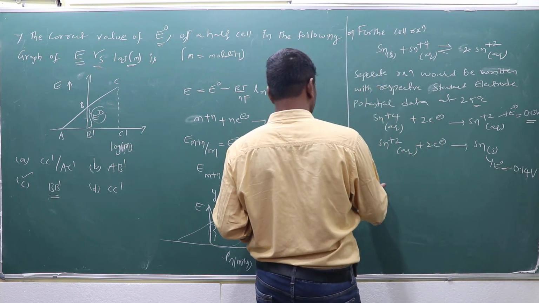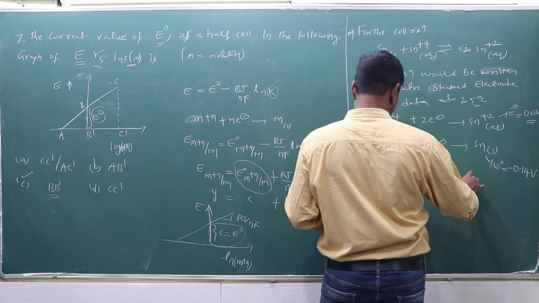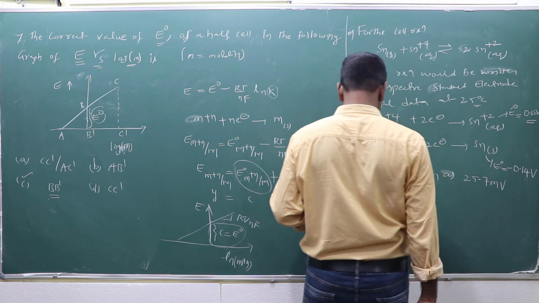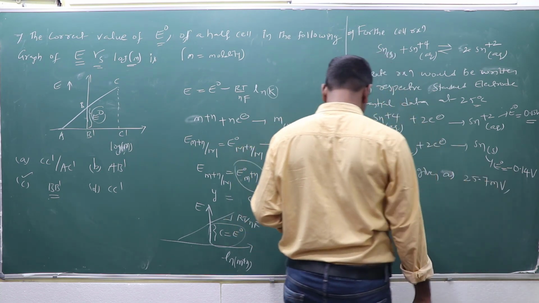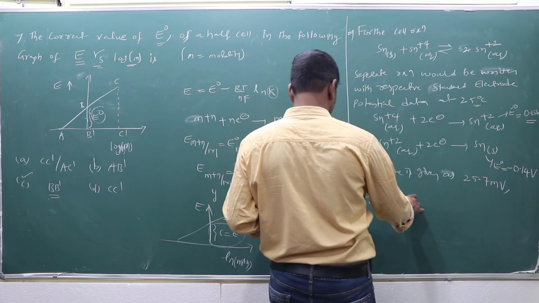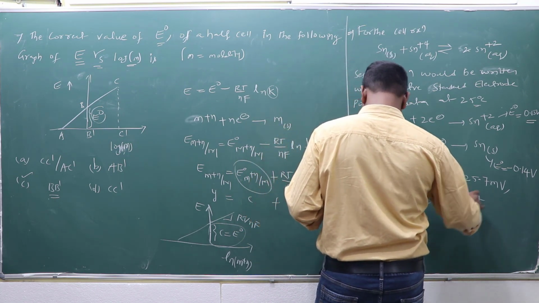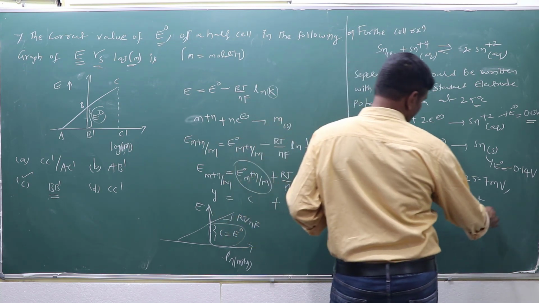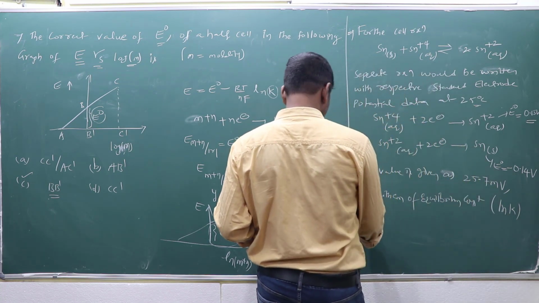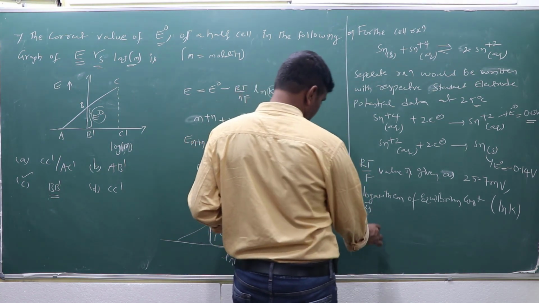When the RT by F value is given as 25.7 millivolts, the logarithm of the equilibrium constant, ln K, is what? Option A, 22.6.